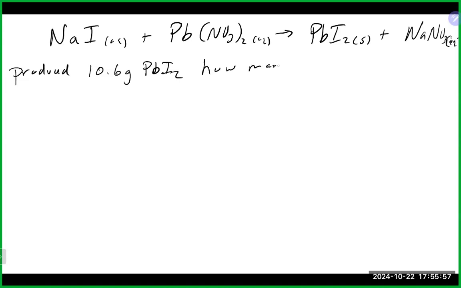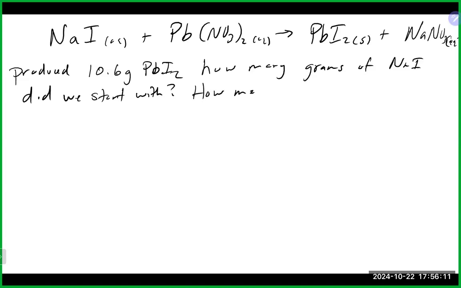How many grams of NaI did we start with? And how many grams of NaNO3 was also produced?